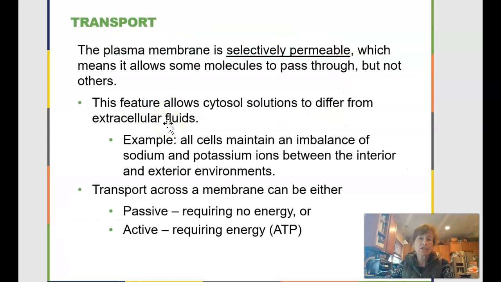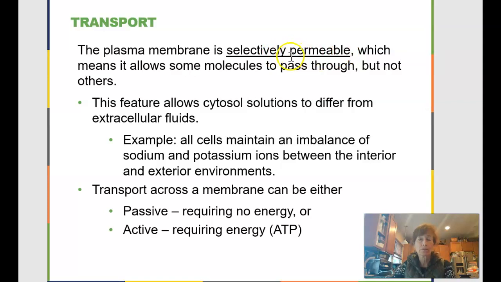Now this next section is going to look at transport and how things come into or out of a cell. We're going to talk about the cell membrane again as being selectively permeable. Permeable means something can pass through, but selectively permeable means not everything can pass through.